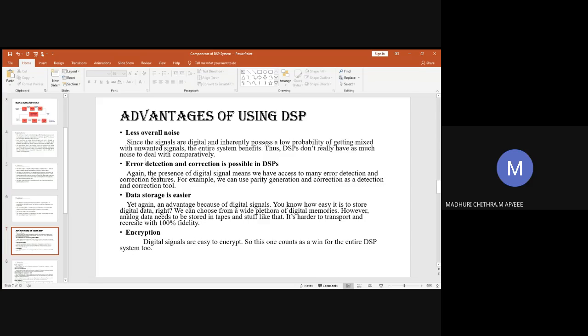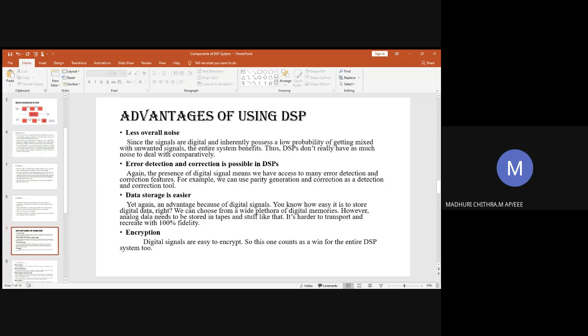Next, error detection and correction is possible in DSP. Next, data storage is easier. Next, encryption. Encryption and decryption I have already explained in the previous class, that is multiplexing and demultiplexing. Digital signals are easy to encrypt, so this counts as a win for the entire DSP system.